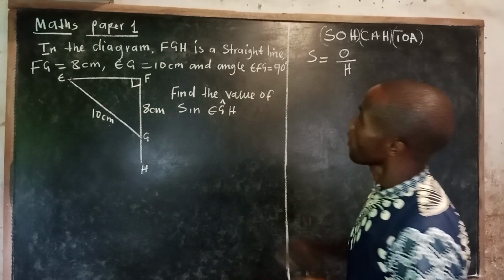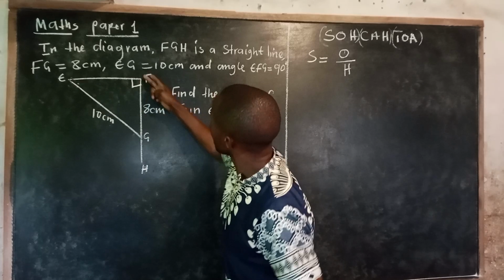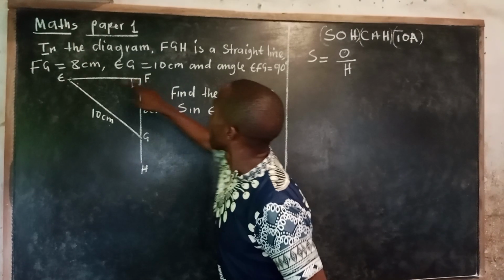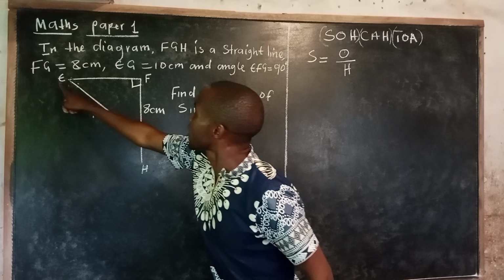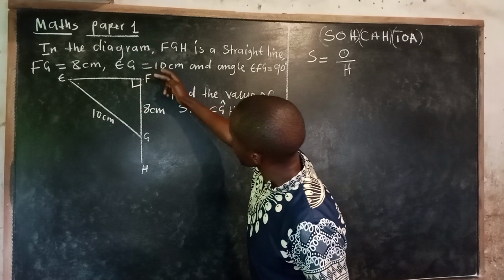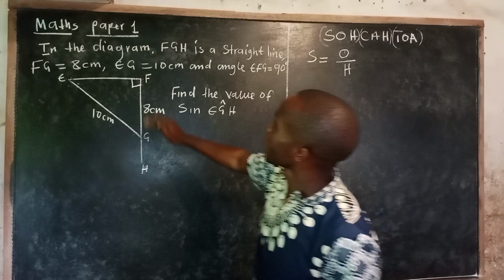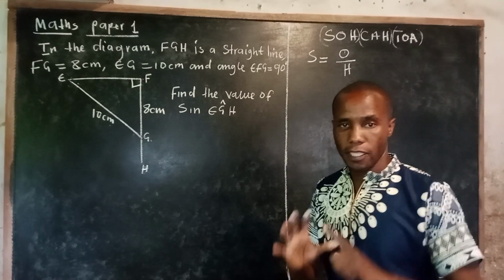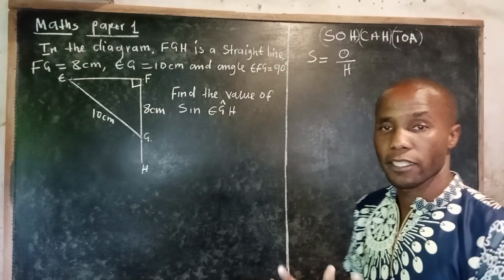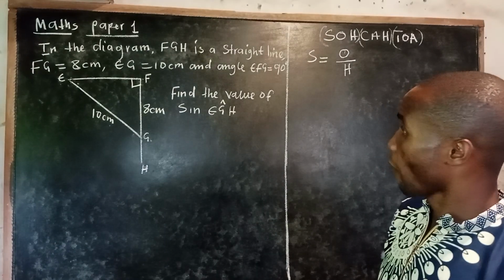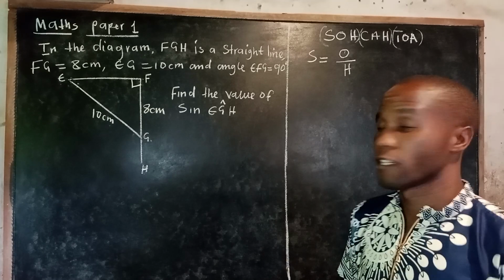If this is the hypotenuse, it means this one is adjacent and this one is opposite. So here the hypotenuse is EG, the adjacent is FG, and the opposite is EF. That is how you need to understand the diagram, the right-angled triangle, pertaining to its sides.